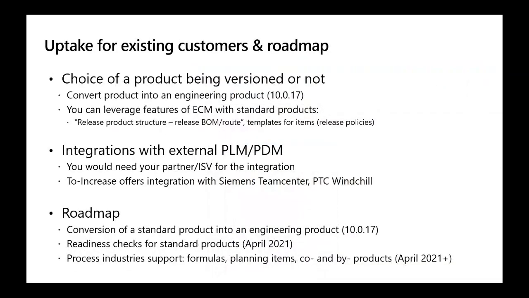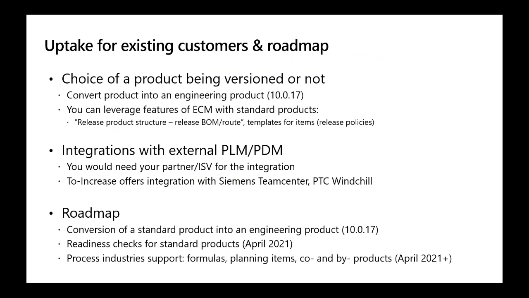And what does this mean for your existing customers, for your customers as partners? So now the choice of versioning product or not comes. So you can create new engineering products for those products that you want to version, but maybe one of the products that you already have that is existing for you in your company, then maybe you want to version that one.